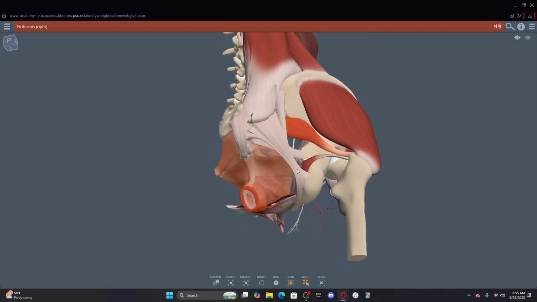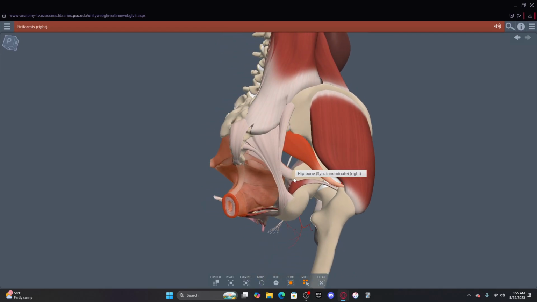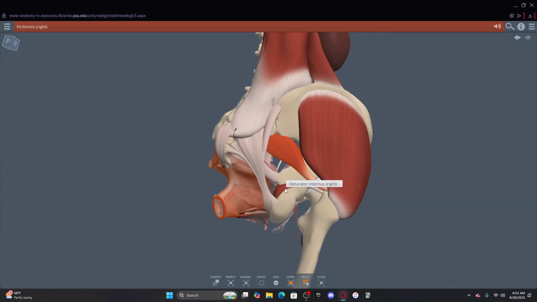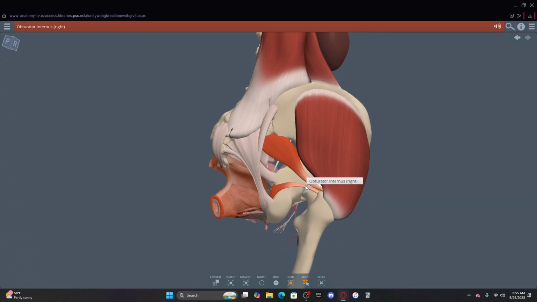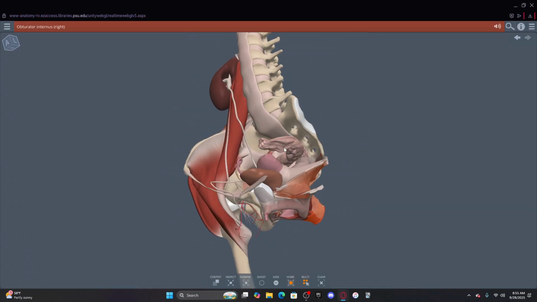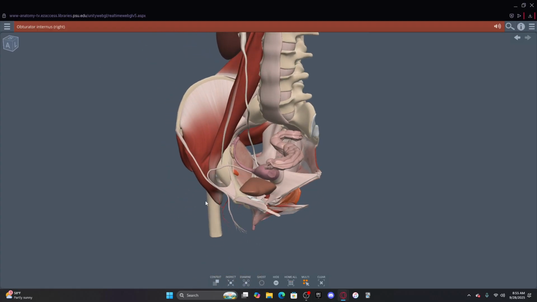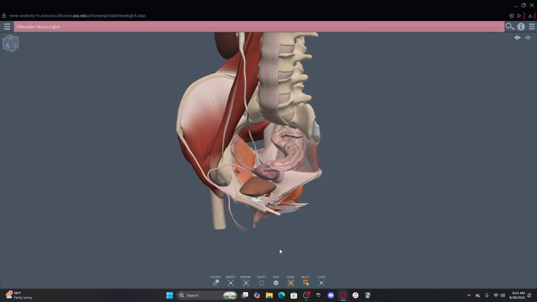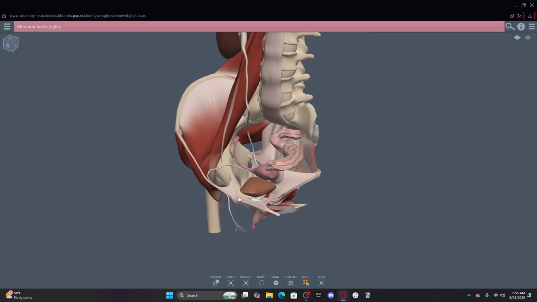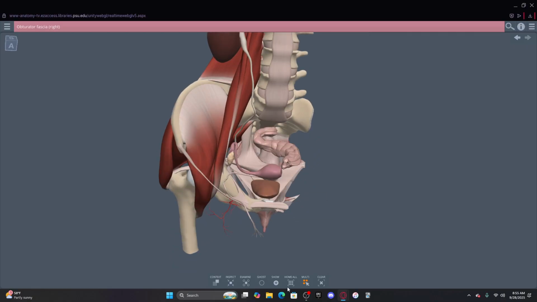And also from the lesser, we see obturator internus. So this is obturator internus. So if I were to flip this over here, get a better viewing from the anterior, right? If I were to remove this obturator fascia, let me go back.